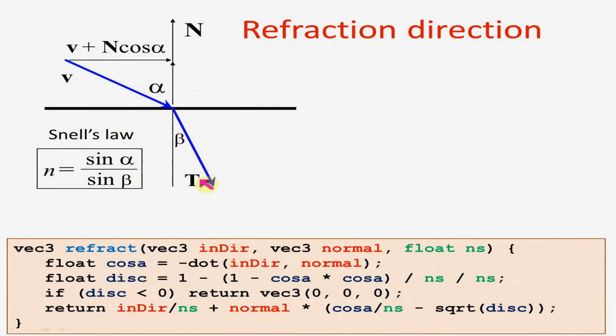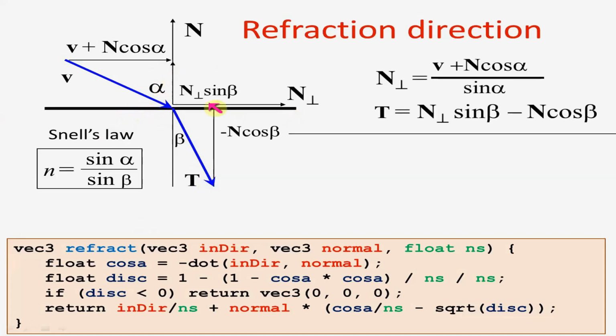The refraction direction T is expressed as the combination of the normal vector and a vector that is perpendicular to it. This perpendicular component is called n perp, or n perpendicular. N perp is expressed from v plus n times cosine alpha because these vectors are parallel to each other.